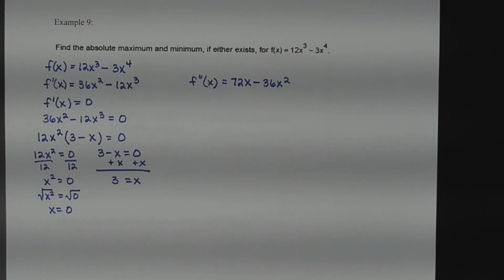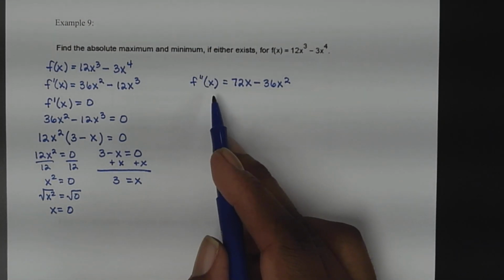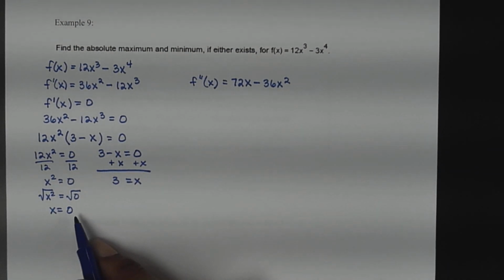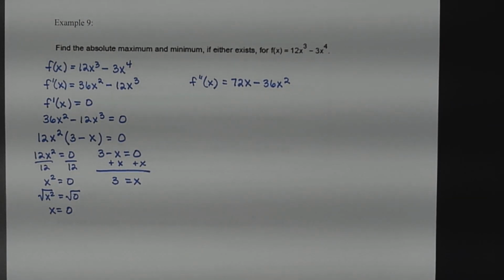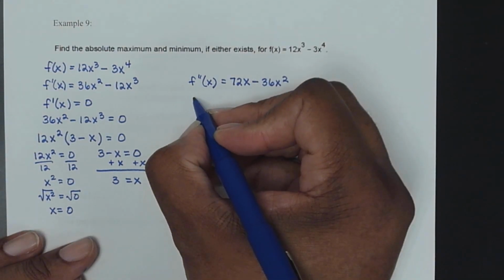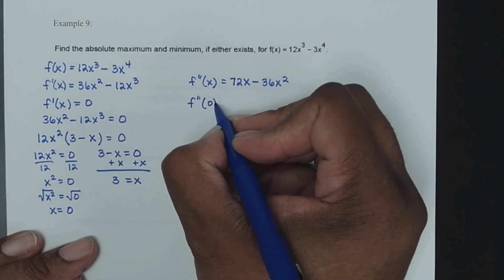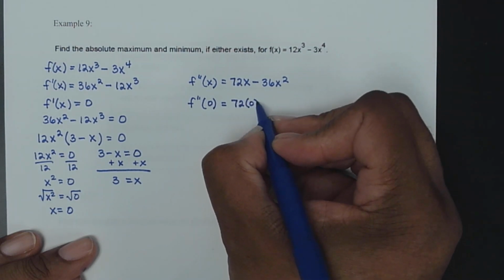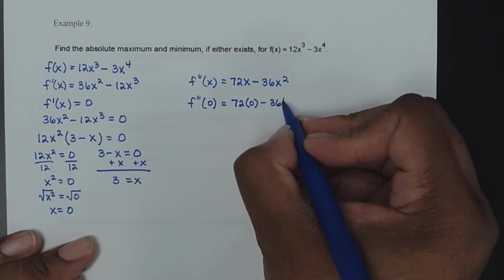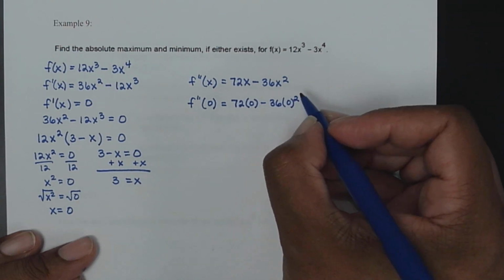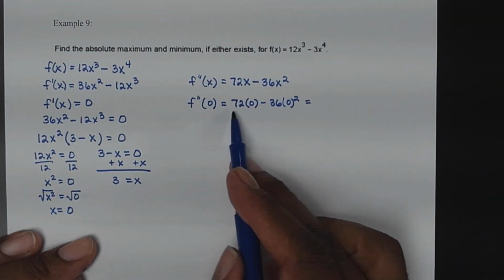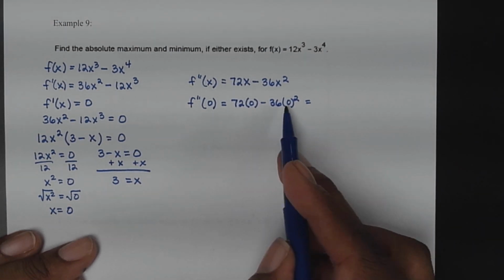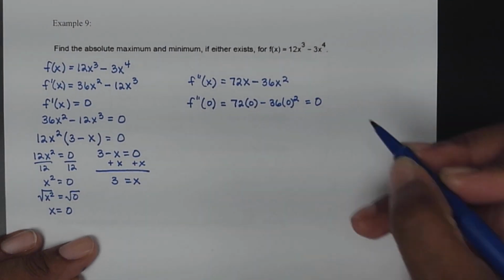And now I'm going to substitute each x in the f double prime of x function with 0 and then with 3. We'll start with f double prime of 0. Substituting each x with 0, you'll get 72 times 0 minus 36 times 0 squared. Well, that's going to be 0. 0 squared is 0, times 36 is 0, so 0 minus 0 is 0.